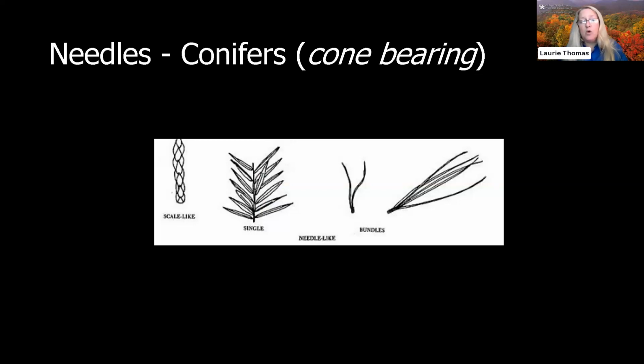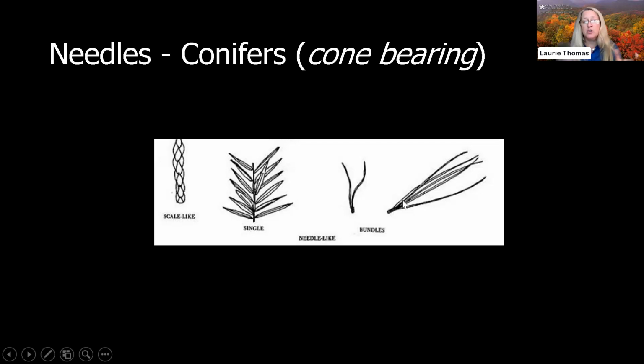And we'll quickly go over our needle type trees or conifers that we find in Kentucky. We only have 7 or 8 that are native to Kentucky, so they're kind of easy to do. Now out in our landscape, in our neighborhoods, you'll find lots more because we have all kinds of ornamentals that have been planted. But in a native setting, for our species, we're going to find needles that are scale-like, or needles that are singly arranged, or needles that are in bundles.